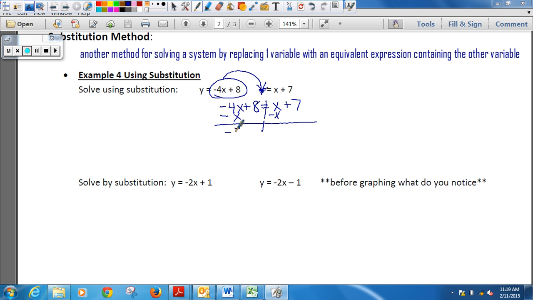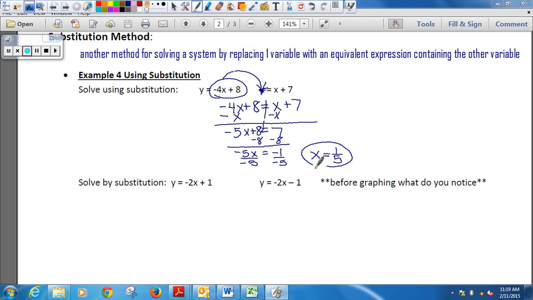That gives me negative 5x plus 8 equals 7. I'm going to subtract 8 from both sides. I get negative 5x equals negative 1. I'm going to divide by negative 5, and I end up with x equals 1/5.